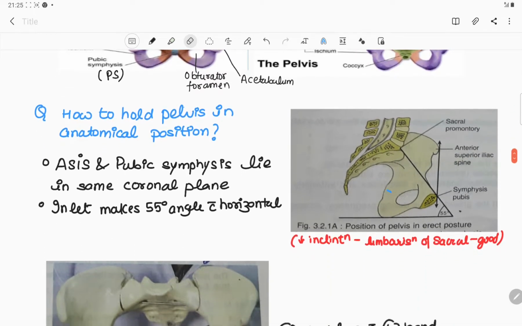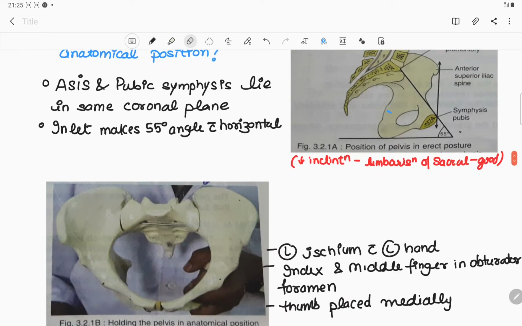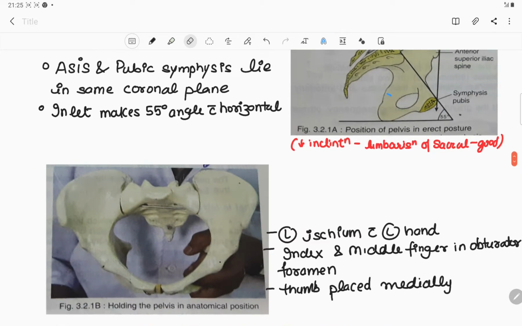Then, how to hold the pelvis in the anatomical position: in such a way that the anterior superior iliac spine and pubic symphysis lie in the same coronal plane and the inlet makes an angle of 55 degrees with the horizontal. See, in this picture, the examiner is holding the left ischium with the left hand, with index and middle finger in the obturator foramen and thumb placed medially.